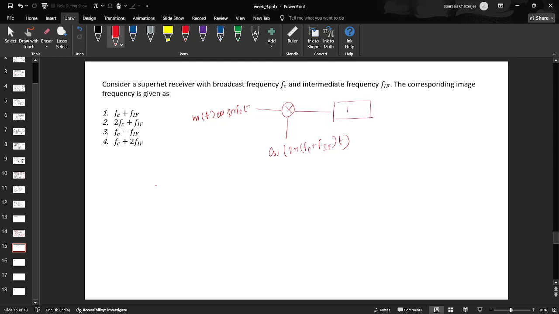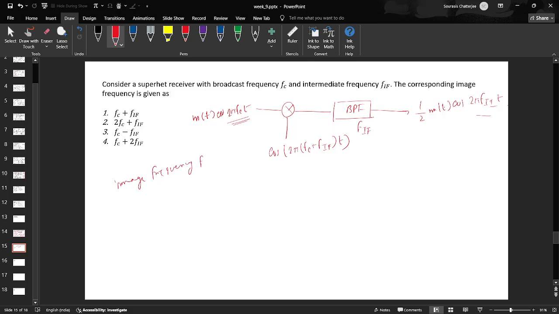Then you use a band pass filter with center frequency around fIF, and you get your message signal m(t) cos 2 pi fIF t. But that is not the only signal that is going to produce this intermediate frequency. There is going to be something called image frequency.